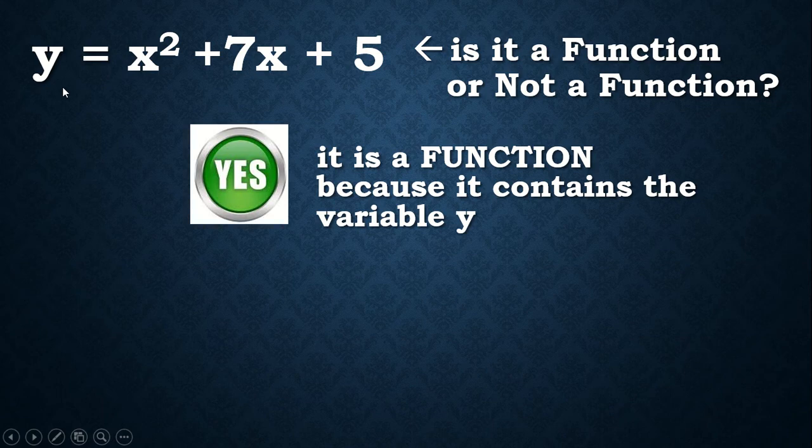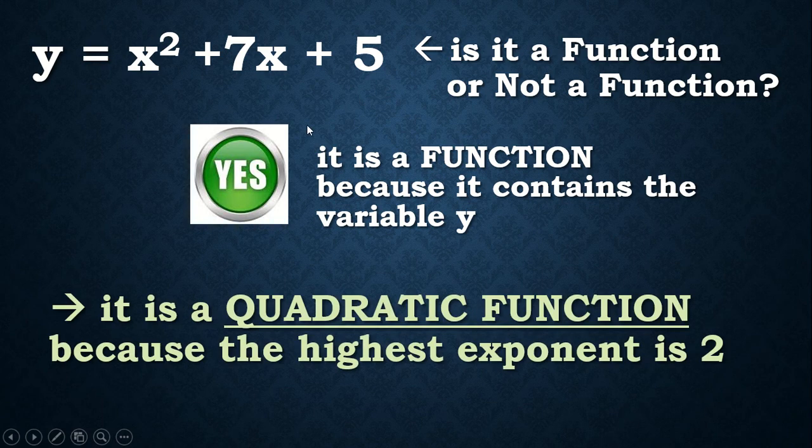But what kind of function is this? This is the so-called quadratic function because the highest exponent is 2. Look at the exponents of variable x, 2 and 1. The highest exponent is 2, that's why it is called a quadratic function.